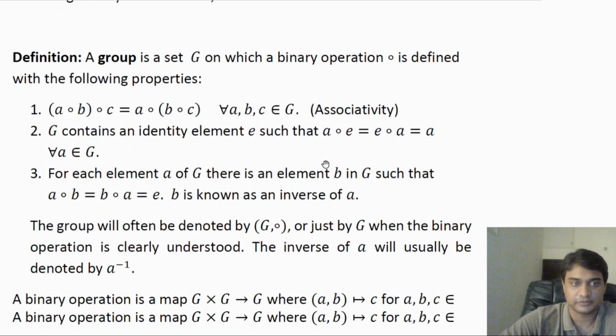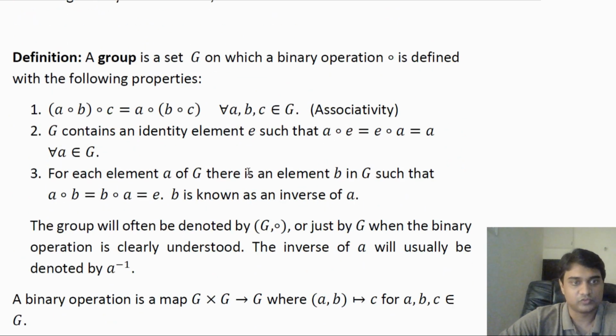Obviously, the product of two real numbers is a real number, so this binary operation is defined on the set. The multiplication of real numbers is associative, which is an elementary fact we know about real numbers. And there is also an identity element: one is a non-zero real number, and one is an identity element, so any number multiplied by one is the same number again.